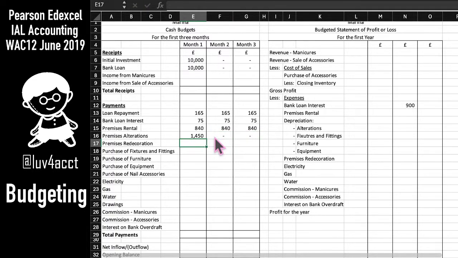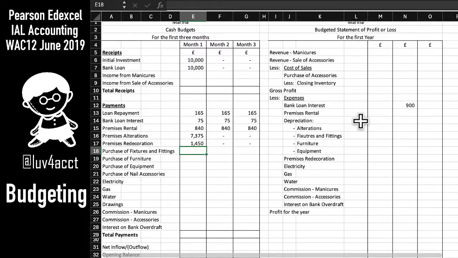Redecoration, where? Oh, alterations is 7375, and redecoration 1450. Nothing in month 2 and 3. Oops, let me move my cursor.